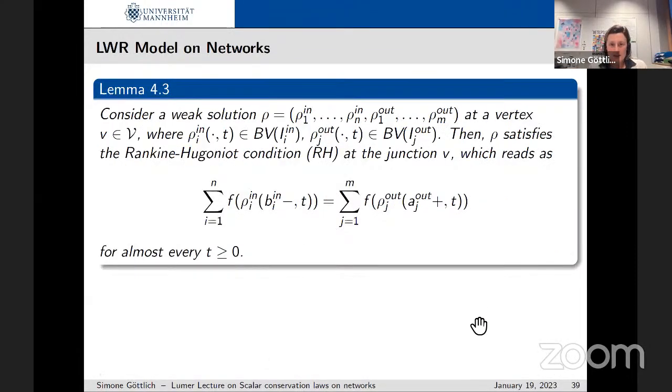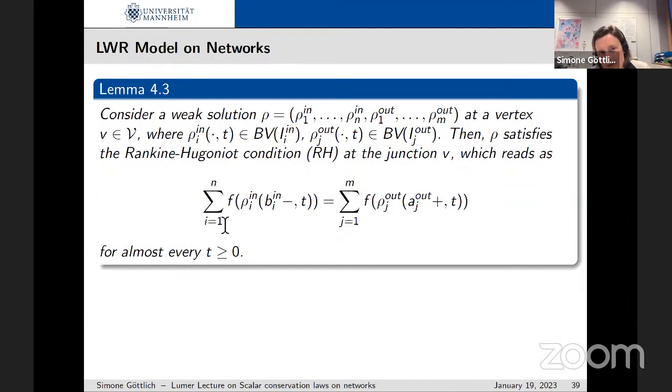So what else can we conclude? If we consider a weak solution of ingoing and outgoing rhos at a vertex, where the rho in and rho out combinations are functions of bounded variation, then rho satisfies the Rankine-Hugoniot condition at the junction, which reads as follows.